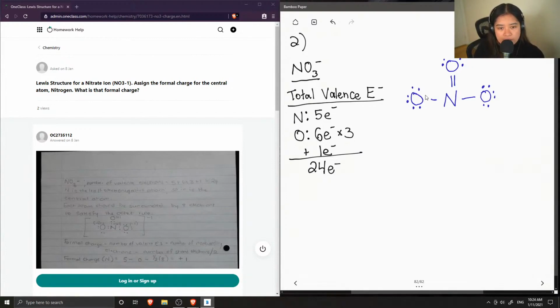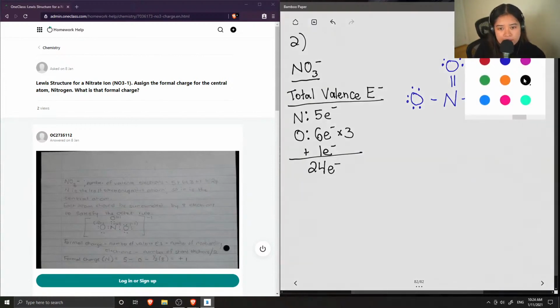So these two have 6, so 12. And each bond contains 2 bonding electrons. So we have 16, 17, 18, 19, 20, 21, 22, 23, 24. So we have 24 valence electrons, which is good. And all of our atoms have a full octet.